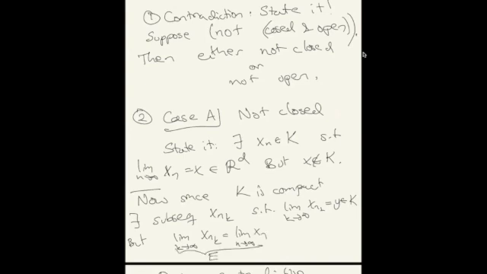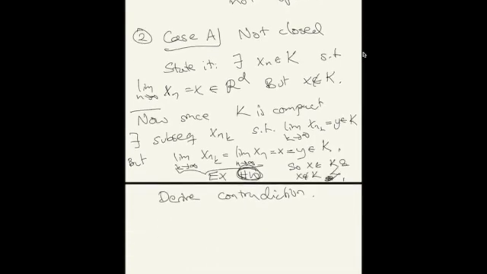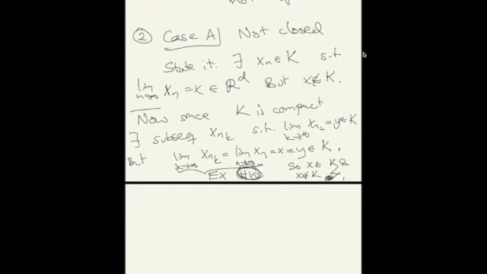And this is an exercise. This will also be on the homework next week. So the subsequential limit is equal to the full limit. So this means that x is equal to y, because the first one is equal to y, the second one is equal to x. And this belongs to K. So x belongs to K, and we have there x not in K. So this is a contradiction. This is how we derived the contradiction in this case.